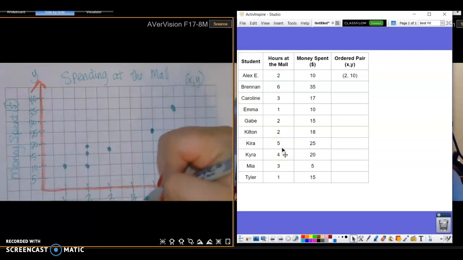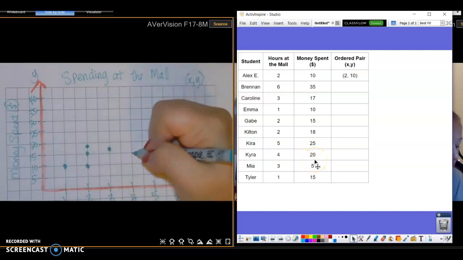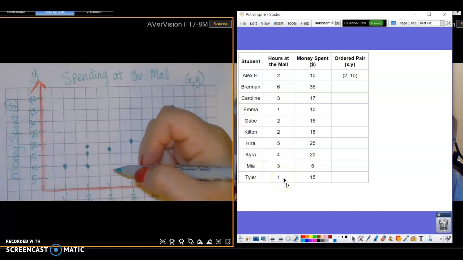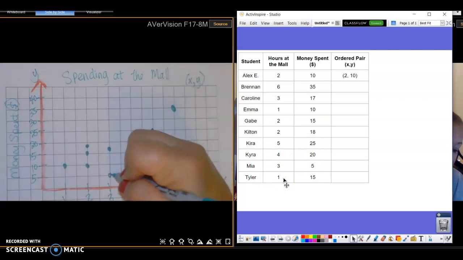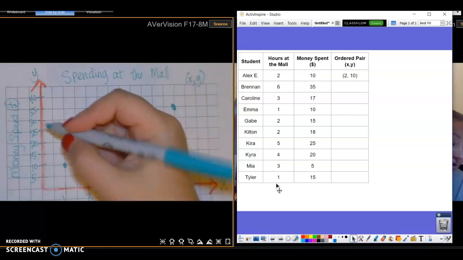Kyra was 4 hours at the mall and she spent $20. And Mia, 3 hours and $5. And lastly, Tyler, who I believe does not really like shopping very much, only spent 1 hour there and spent $15.